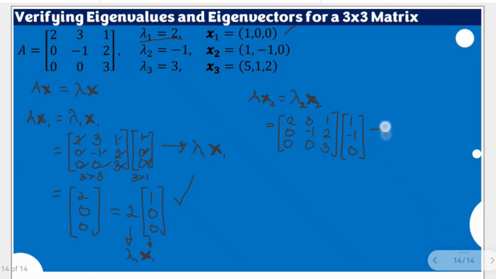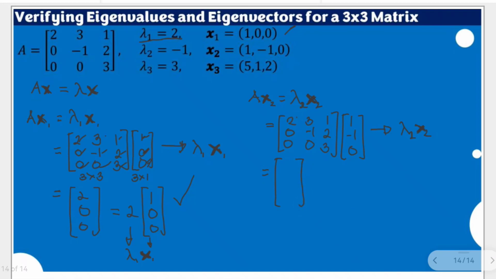Again, the result of that should be representable as the product of lambda sub 2 and x sub 2 for this to be verified. The same thing, 3 by 3 matrix times 3 by 1 will also result in 3 by 1.